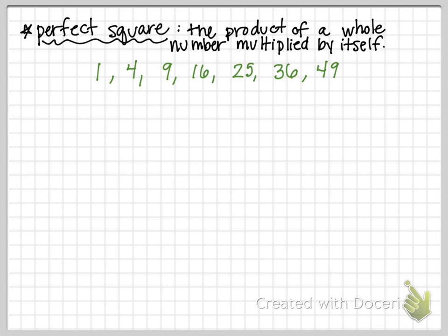Anyways, we'll get there. But just know that that's what a perfect square is. We don't need to write this, but what pattern do you see? To get a perfect square, you multiply a number by itself, right?